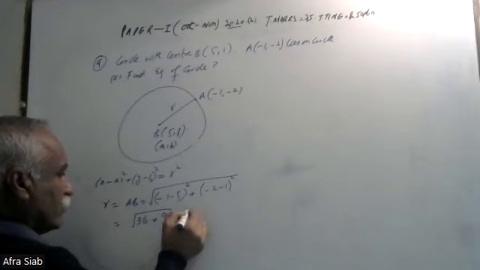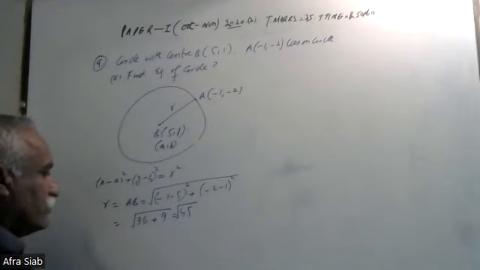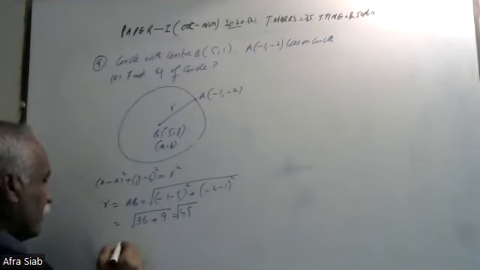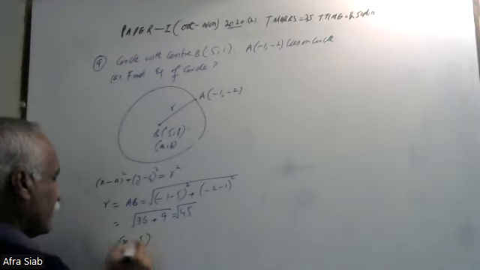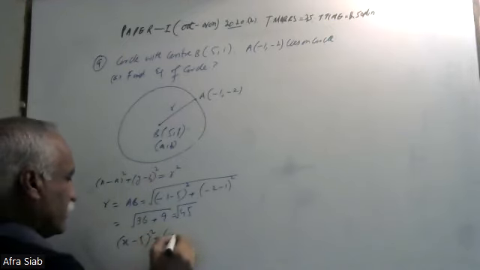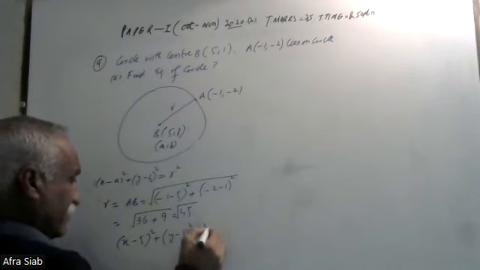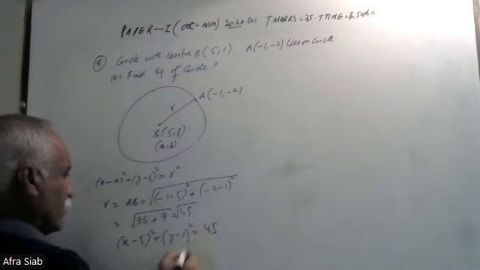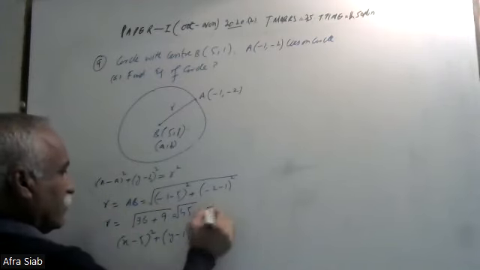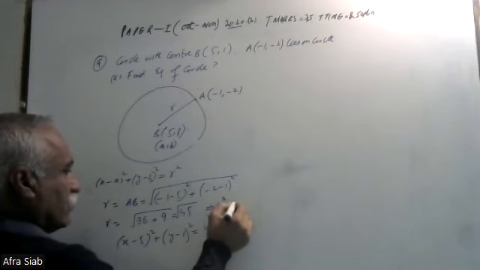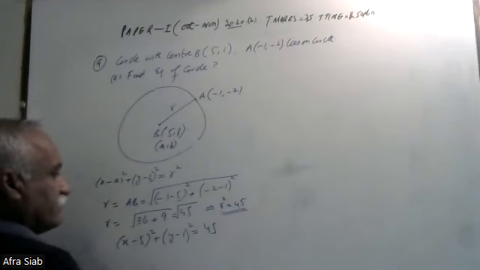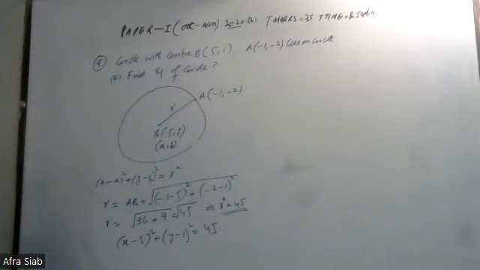So r square is equal to 45. Then the equation of the circle will be x minus 5 whole square plus y minus 1 whole square is equal to 45. So this is the equation of the circle with the center B, and A lies on the circumference of that circle.